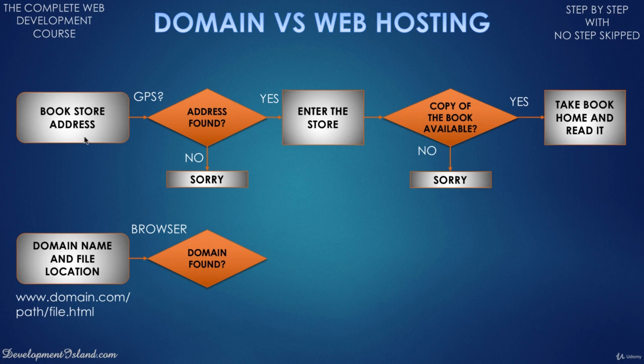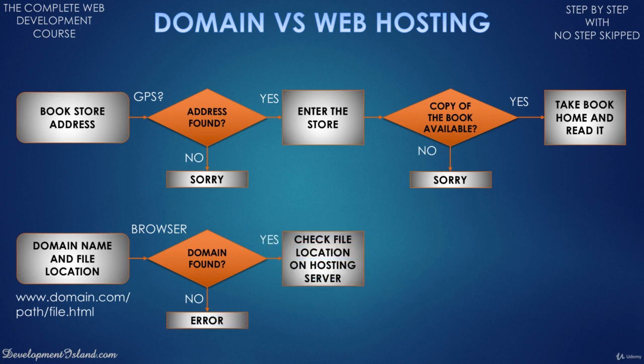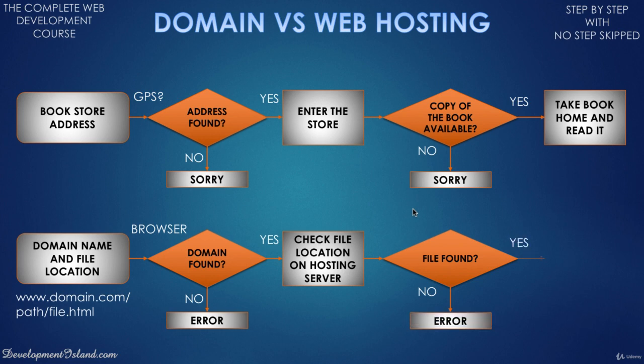Every single domain on the internet has got its own address. If we find that address, then we move to the next step, which is to check the file location on the hosting server. We're going to check if this path has got a file called file.html as an example. If we find that file, then we're going to download a copy of it and display it on our computer. And this is how it works.